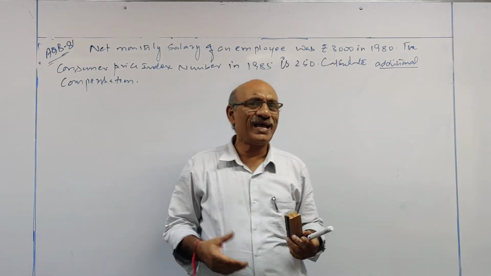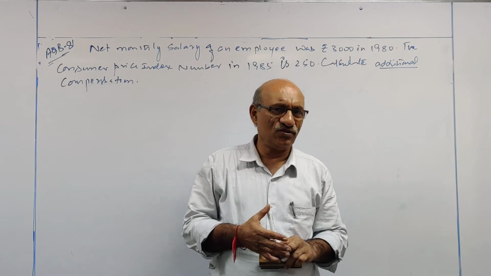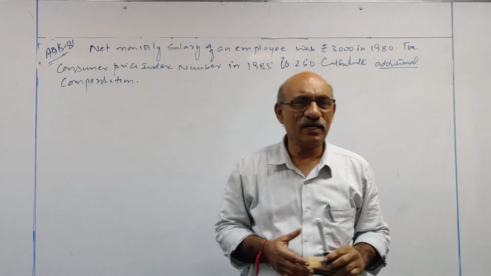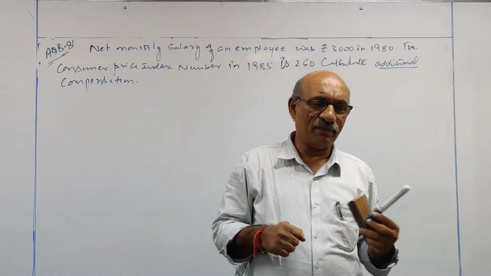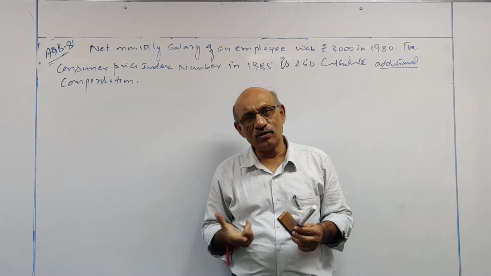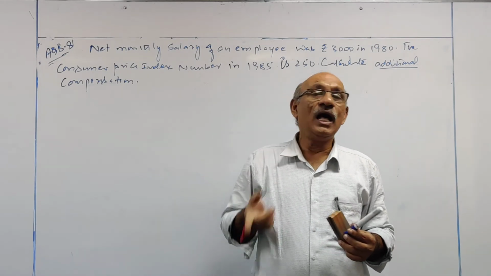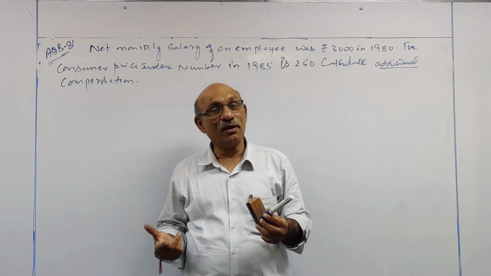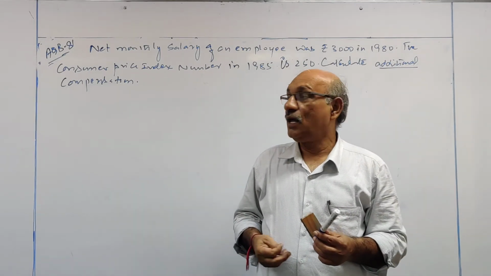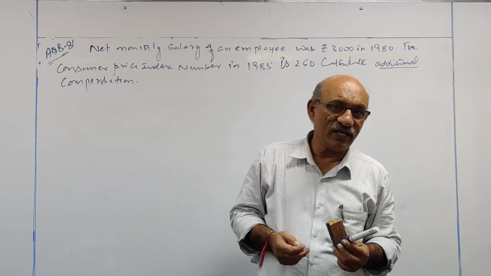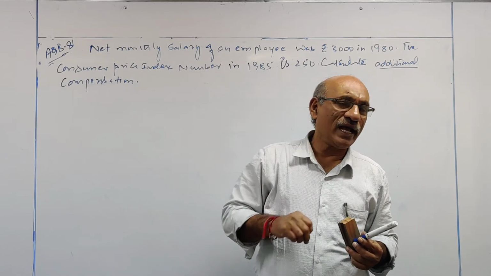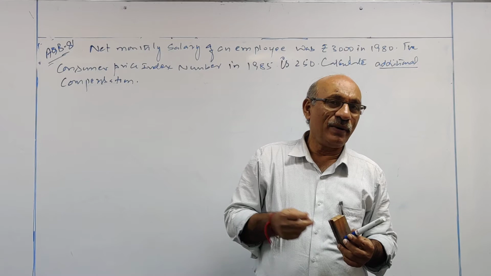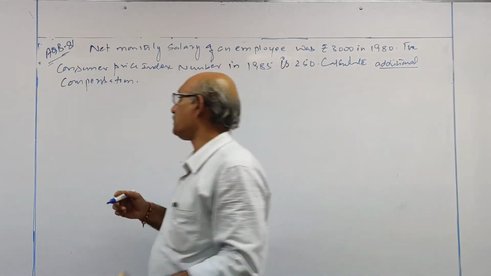So whenever it is a calculation of additional compensation, we have to calculate the salary according to index number. That is the first point you have to get in your mind. The second point is, when the index number of the base year is not given, we have to calculate by taking it as 100.